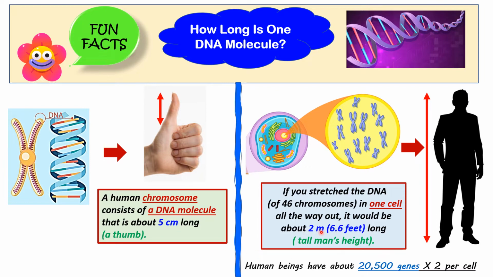And because some chromosomes are long and some are short, okay, so roughly around 2 meters. So all these chromosomes, if you take out all the DNA and then you stretch out all the DNA and join them all together, they are about 2 meters long, which is about 6.6 feet, and this is the height of a tall person, tall man. So this is very long.